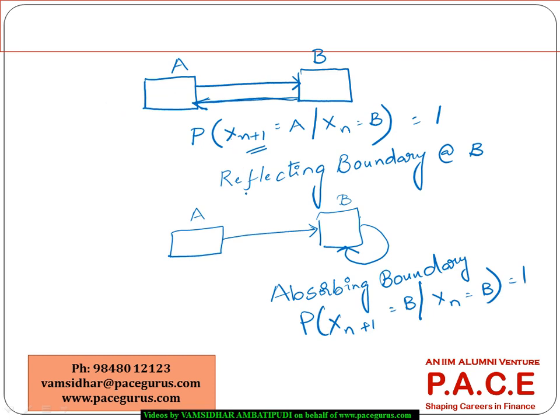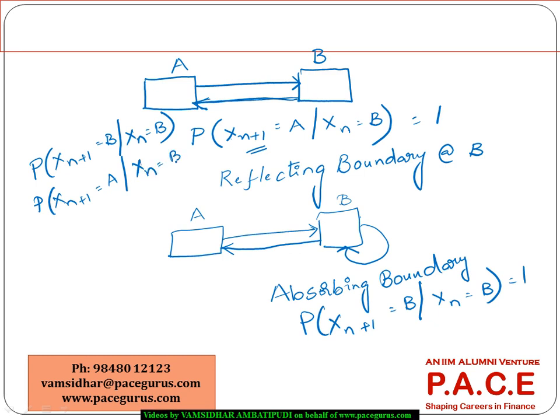But if both of them are there, it means there is some chance that it can go back to A. So probably here P of xn plus 1 equal to B given xn equal to B, or P of xn plus 1 equal to A given xn equal to B, might be with some probability T, and this might be with some probability 1 minus T, which means there is a chance that it can reflect and a chance that it can absorb.